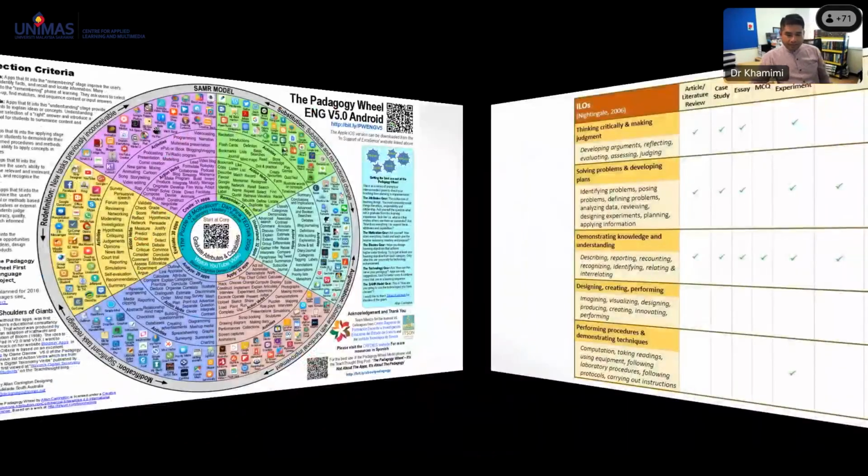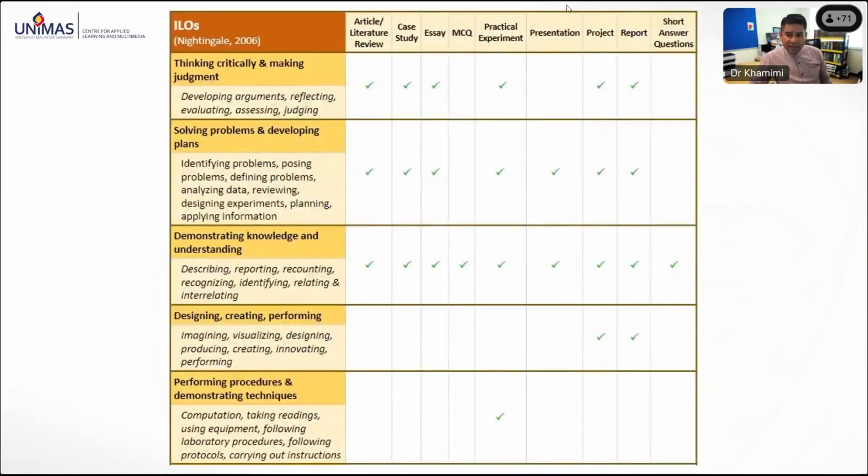Okay, and according to Nightingale, you may have some kind of activities that you may be doing in your class. You have so many actually. You may use short answers, question, review, because if you want your students to think critically and make judgments.